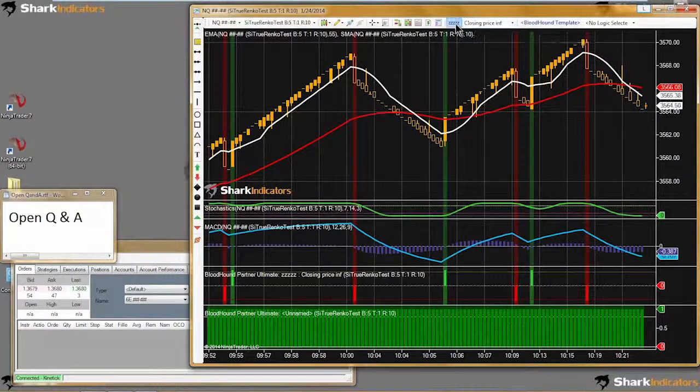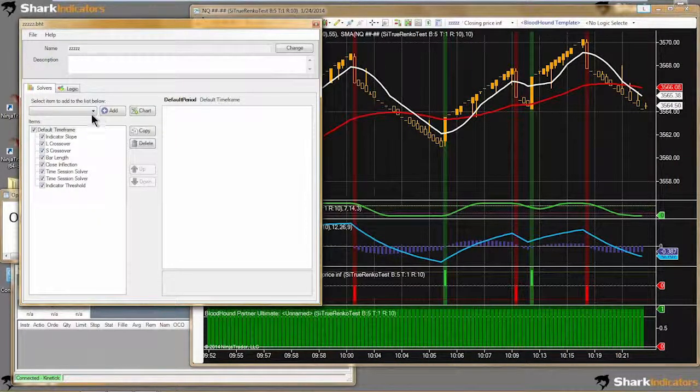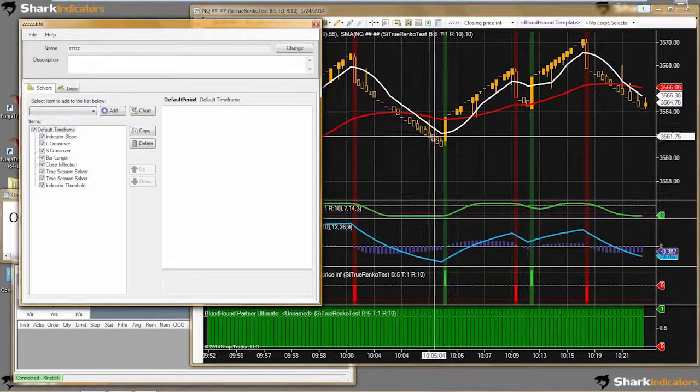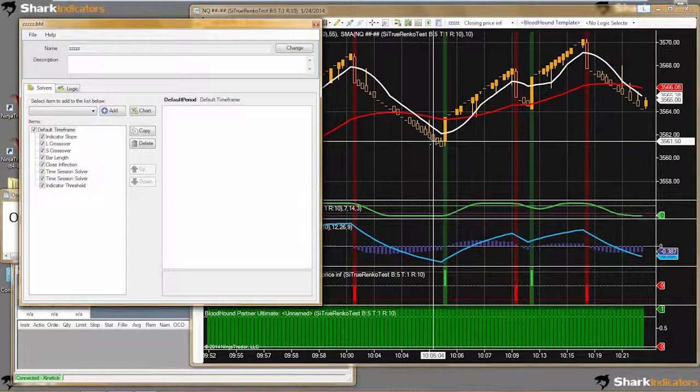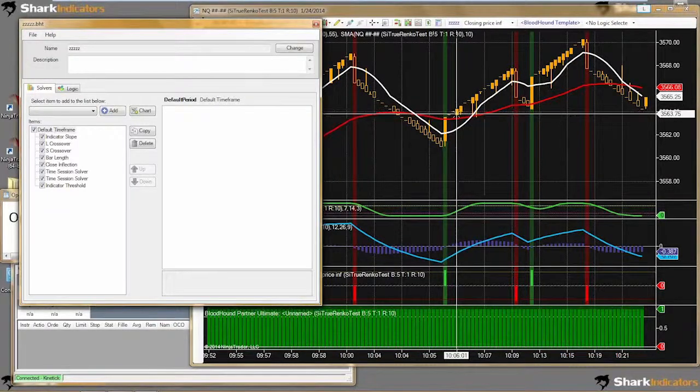So if we run through the list of solvers, for example, the bar direction solver is just comparing the close to the open. It's just saying, is the close above the open?